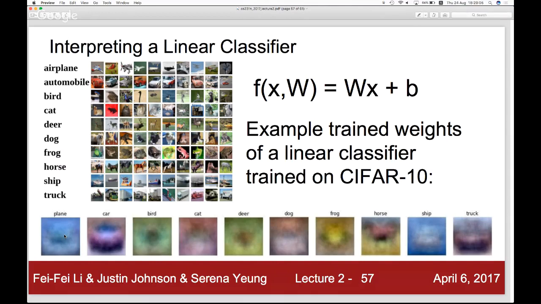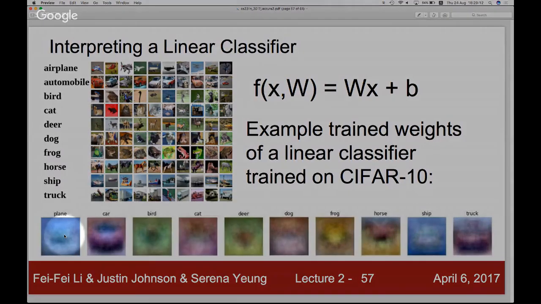And then when we take that vector and reassemble it into an image, this is what we get, right? It's sort of intuitive. A plane looks like it has blue mostly, probably sky. This car here looks like maybe there's a windshield at the top and some lights on the side. It looks fairly symmetrical.